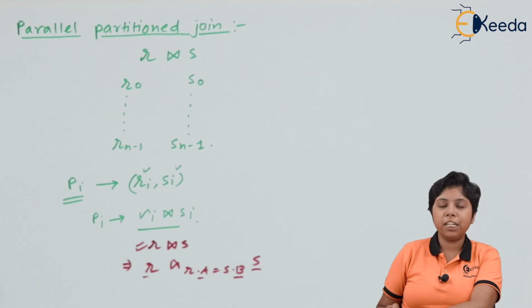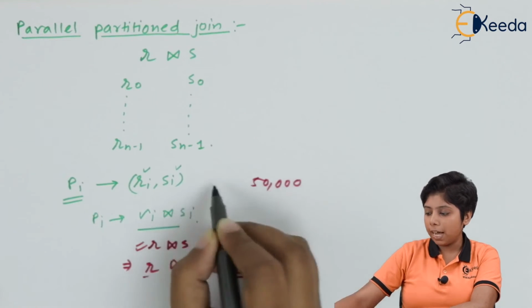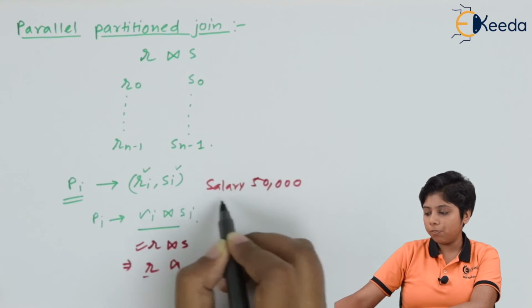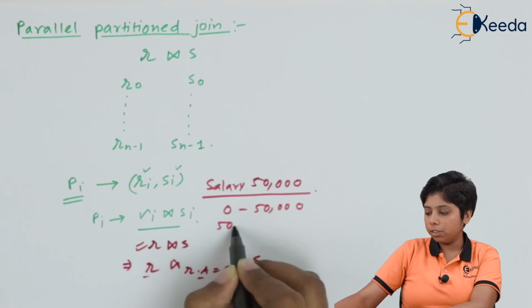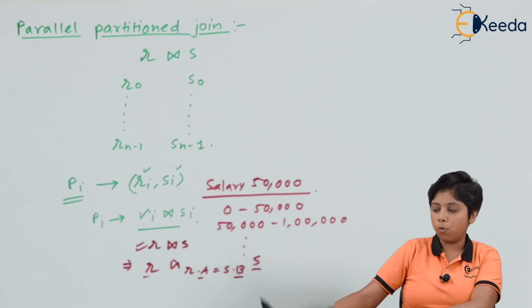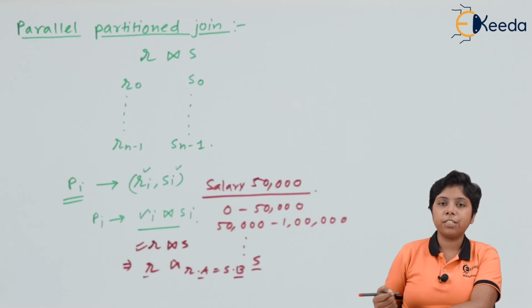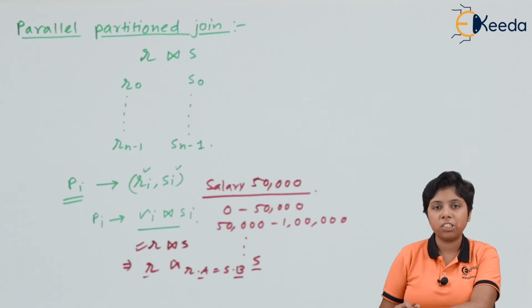For range partitioning, we need to use the same partition vector for each partition. For example, say we have salary with a range of 50,000, so it goes 0 to 50,000, 50,000 to 1 lakh, and so on. The partition vector should be the same for each partitioning. Inside hash partitioning, we should choose the same hash function for each of them.